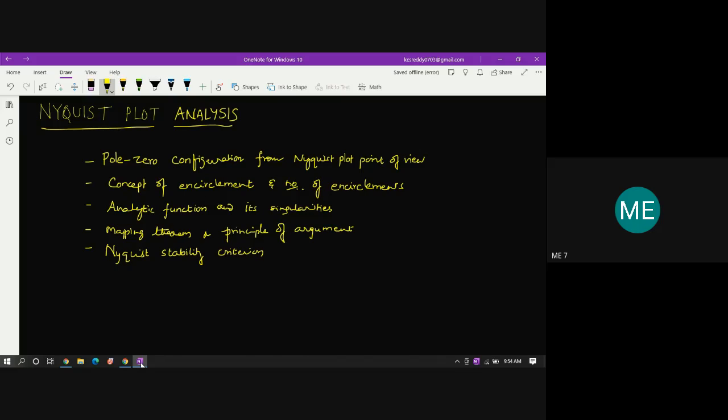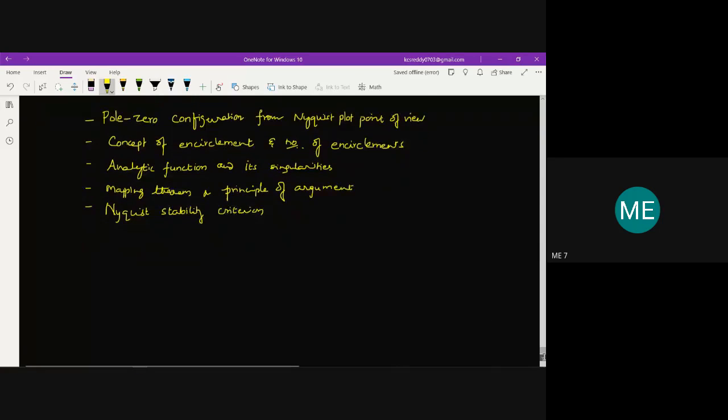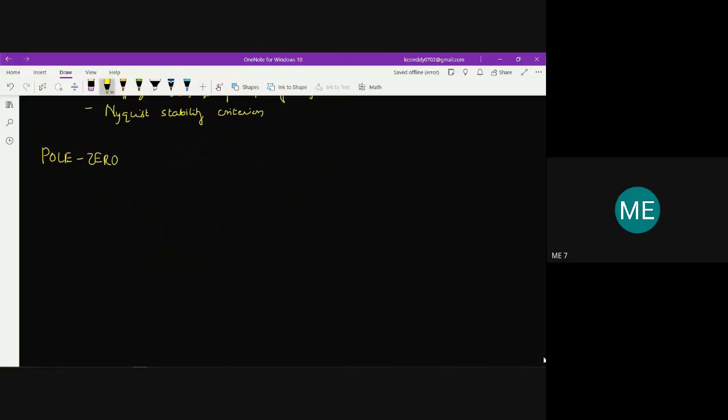So first and foremost is pole zero configuration, which we study now. We have studied that any function can be written in the form of a polynomial equation in the numerator as well as in the denominator.